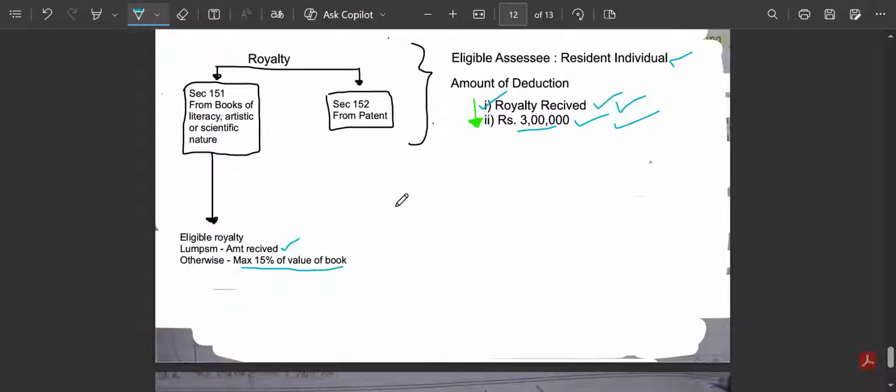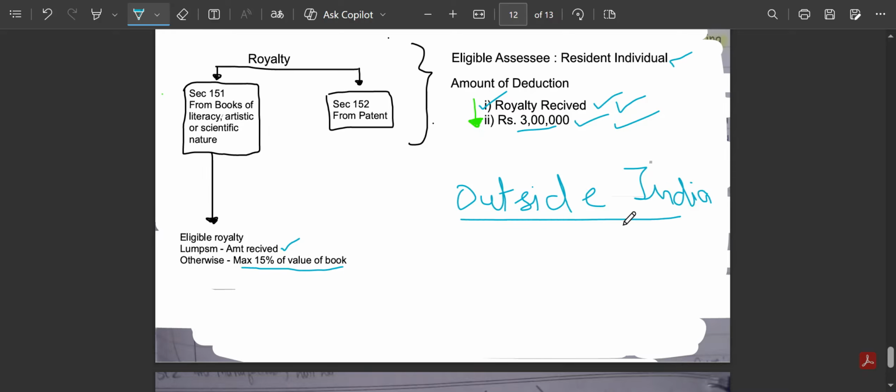It's that when the royalty is earned outside India, means when we receive royalty from outside India, then in that case, what happens? In that case, this deduction will be allowed only if such royalty is brought in India in a convertible foreign exchange, and it should be brought in India within 6 months from the end of tax year or time allowed by RBI.